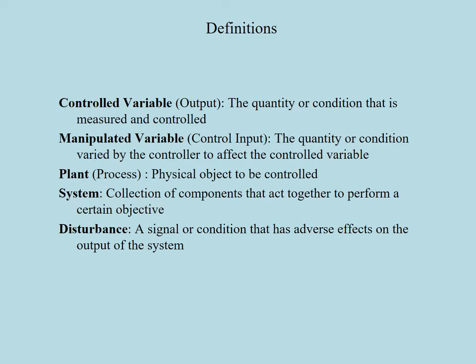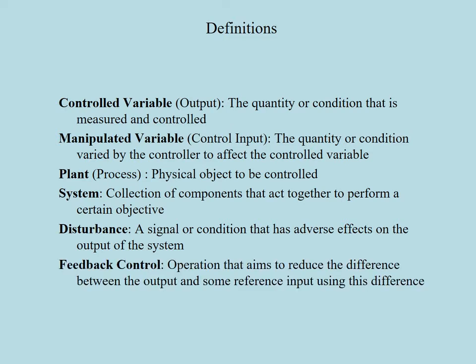One of the most important terms which we will use frequently in this course is feedback. Feedback control is defined as the operation that aims to reduce the difference between the output and some reference input using this difference. Let me emphasize once more two important phrases in this definition.